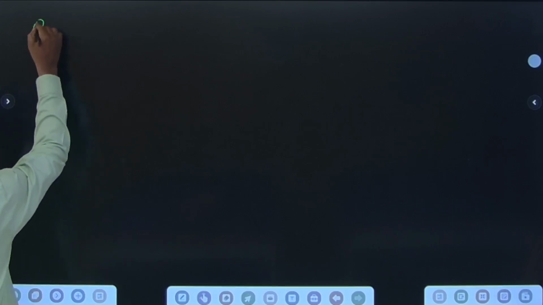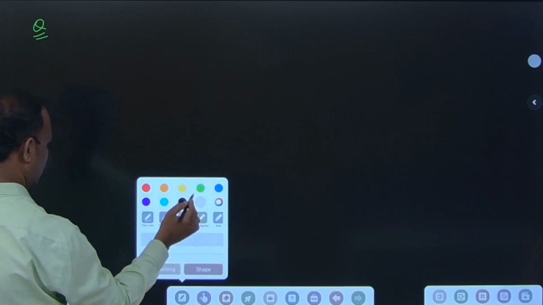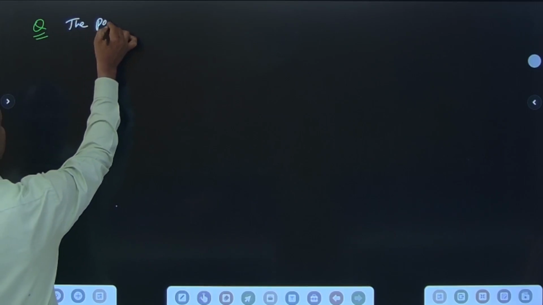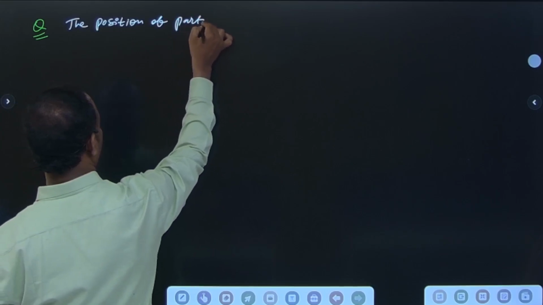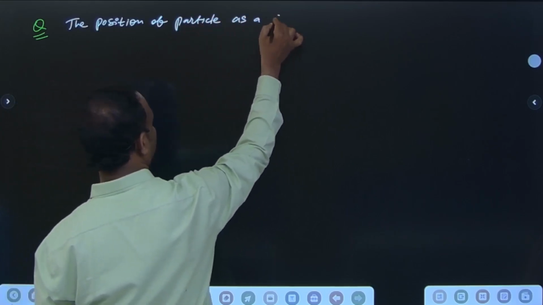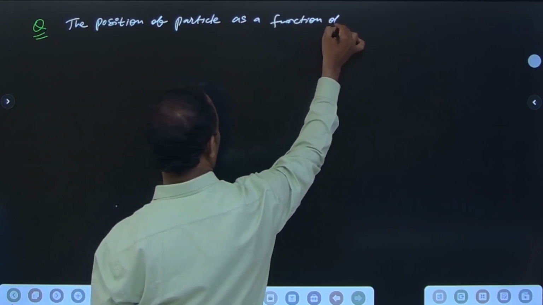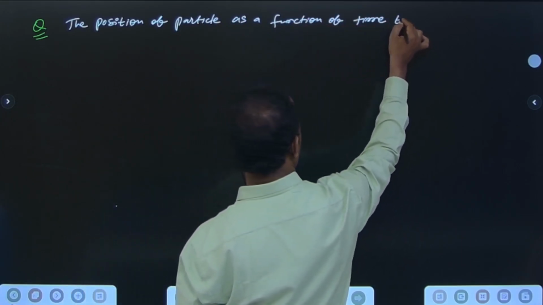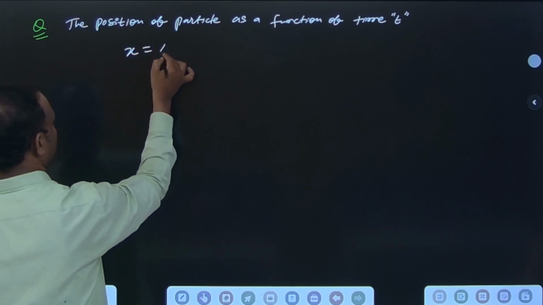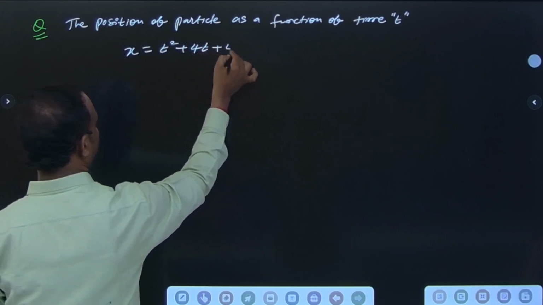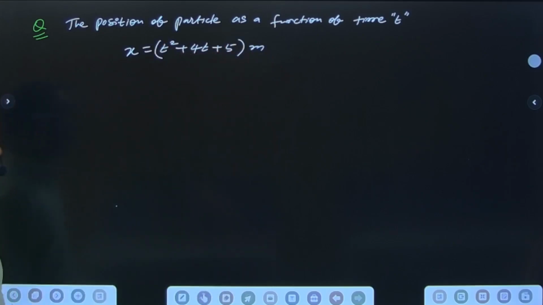The question: the position of a particle as a function of time t is x equals t square plus 4t plus 5 meters.